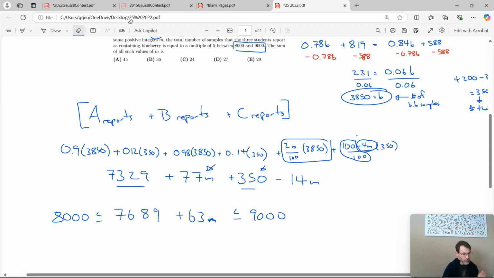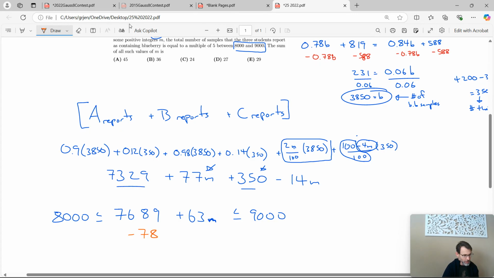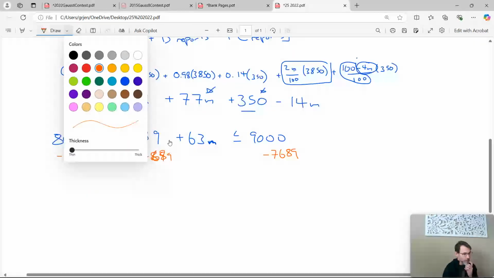We can now do this cool thing where we subtract 7,689 from all of these numbers. I don't know what I wrote down, 689, and then minus 7,689. And that will give us this little inequality here.